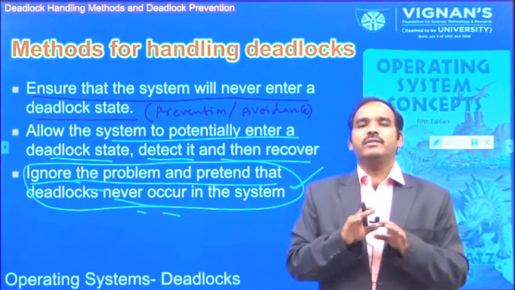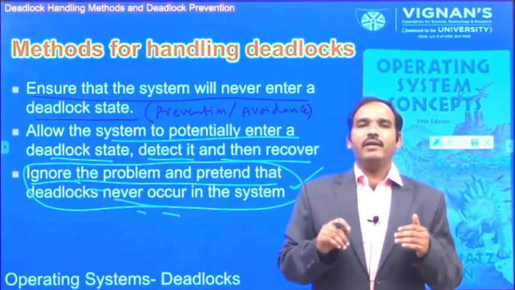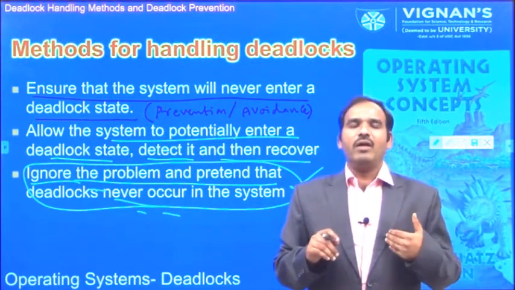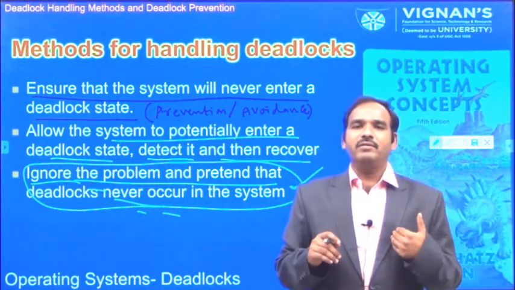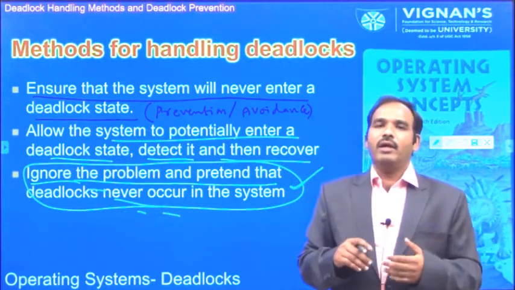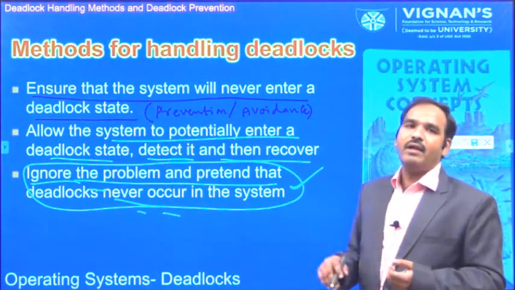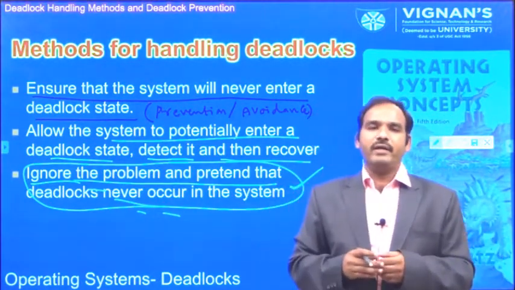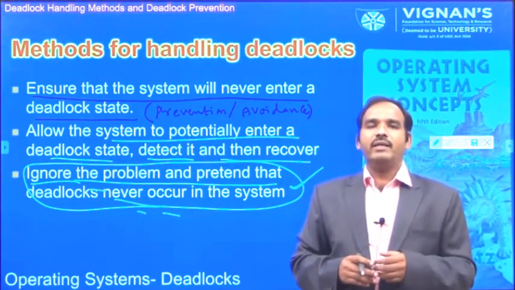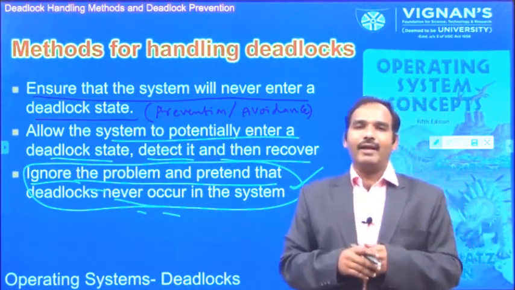The second method is to let the system enter into deadlock, then detect it and recover the system from the deadlock. The third method is to ignore the deadlock, because deadlock rarely occurs in the system. Most of the popular operating systems like Windows, Unix, and Linux use this third method.